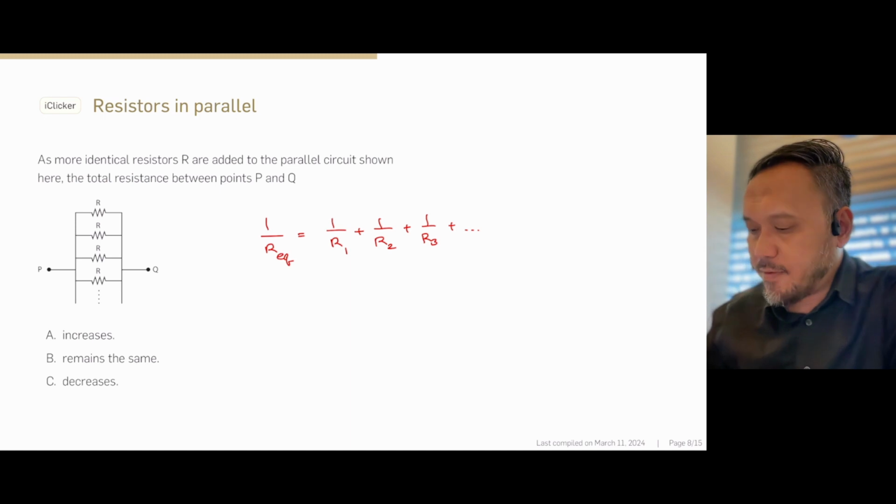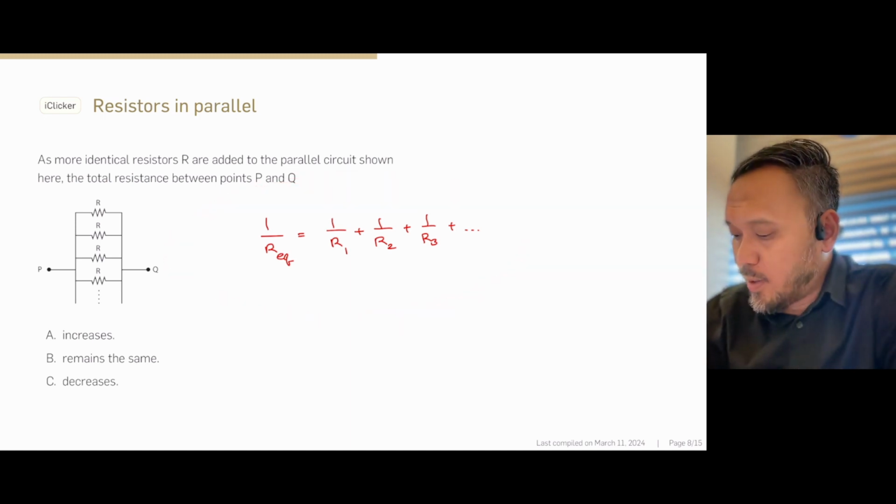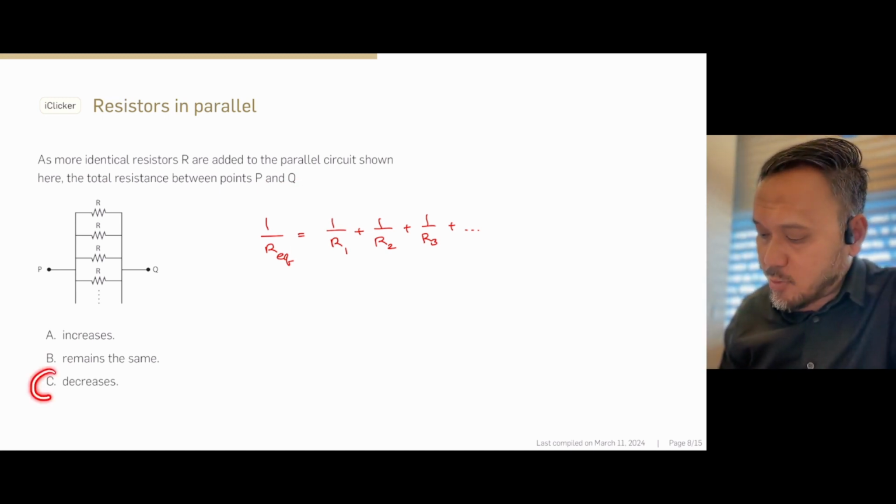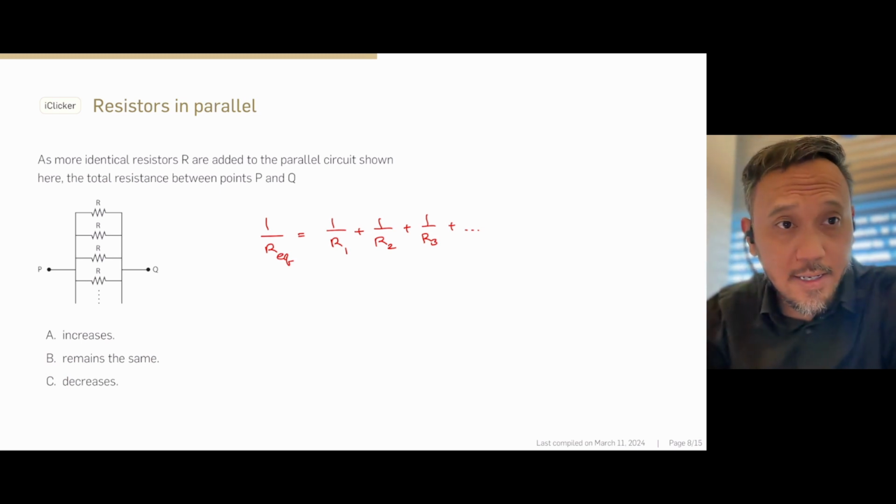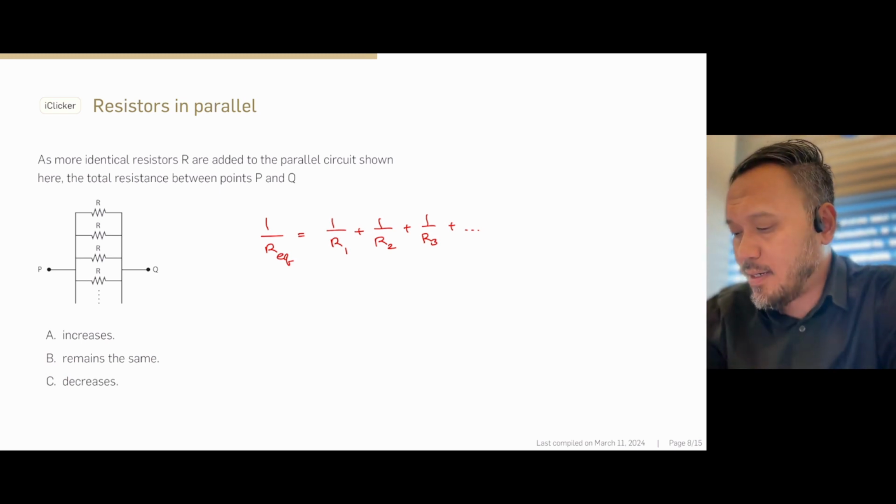So you can view it in different ways. First, you can do it mathematically. You will arrive at the conclusion that the resistance will decrease. But this is physics class, right?